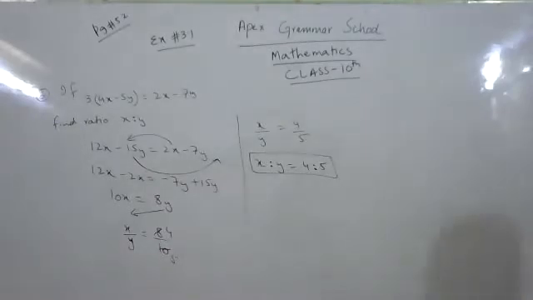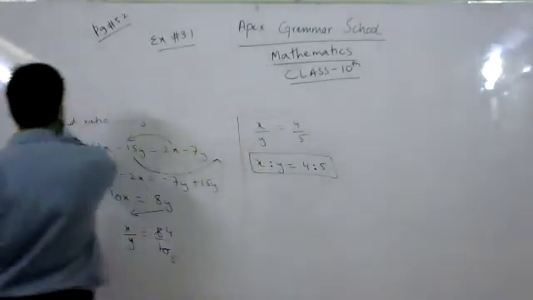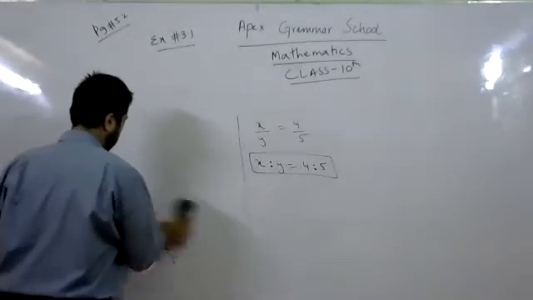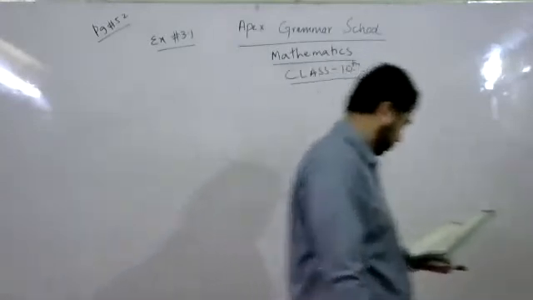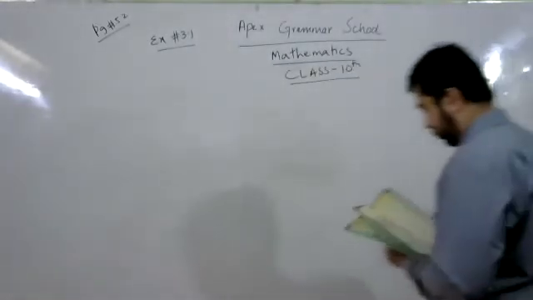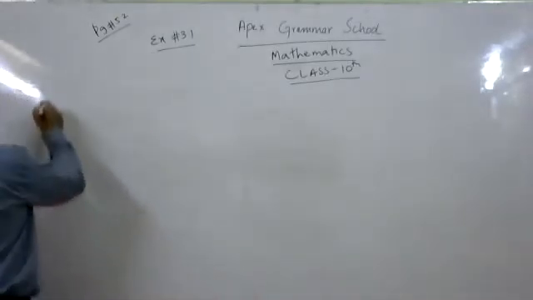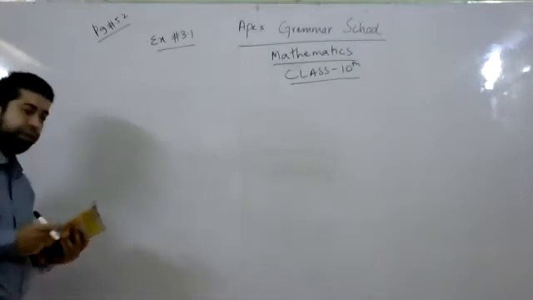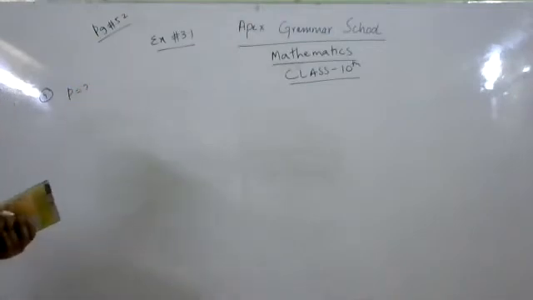Now question number 4 is again a ratio question. Find the value of p. We need to find the value of the variable p.